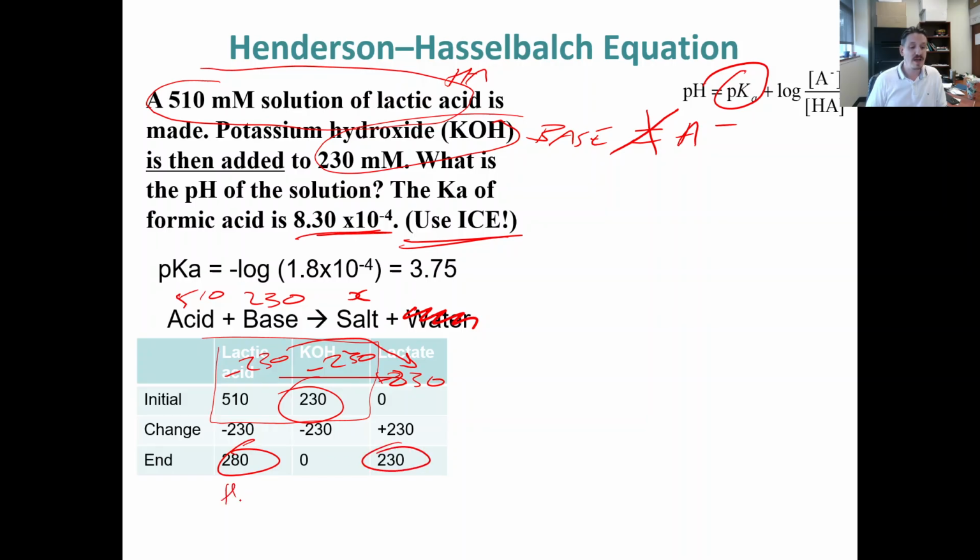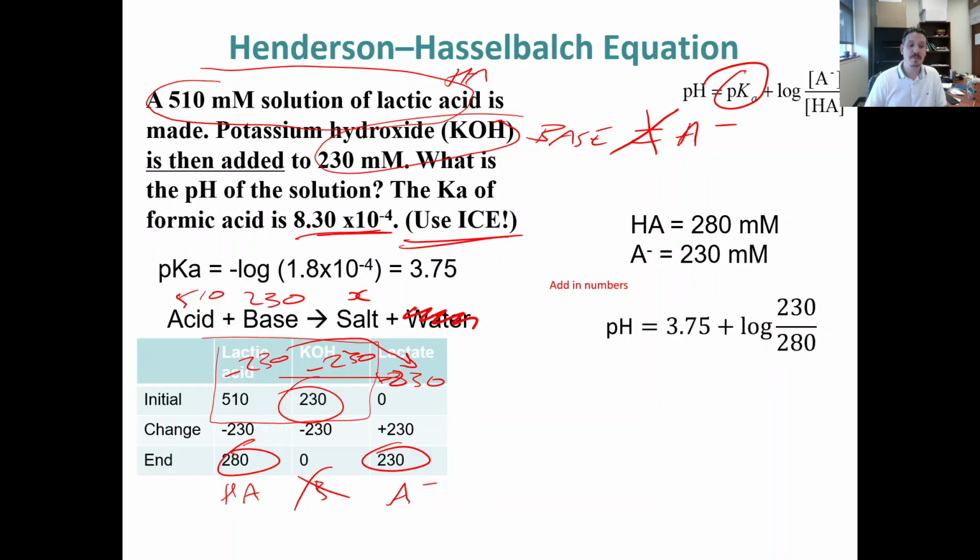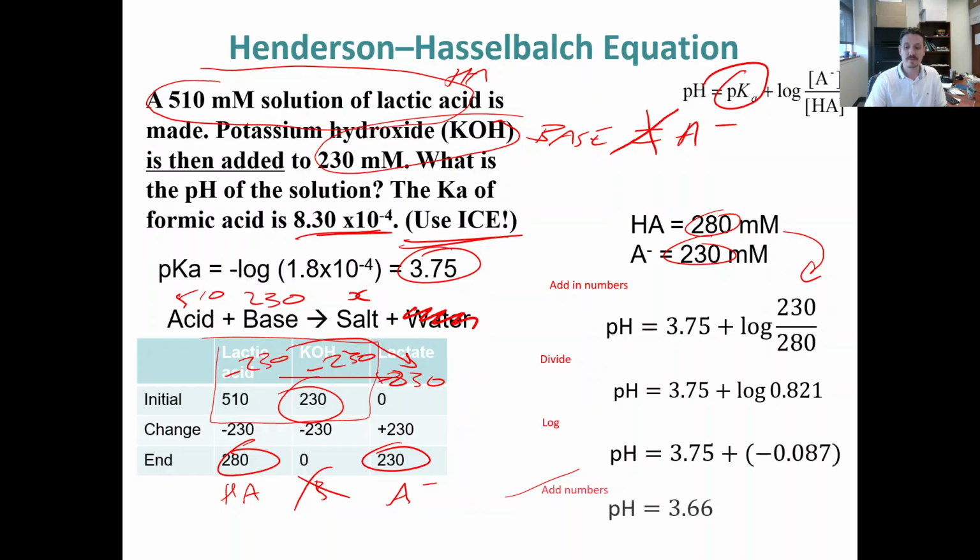And now we have our HA. This is our base, but it's all gone. We have our A minus. And now we can take those numbers. We can plug in the pKa that we calculated a while ago. We can take the HA, the A minus, plug it in, solve just like before, and that will give us the pH.